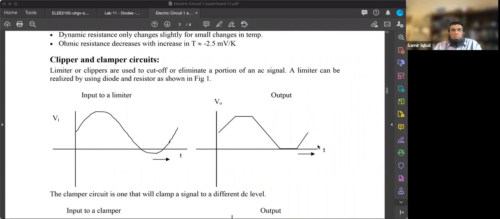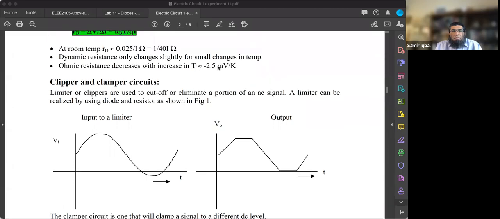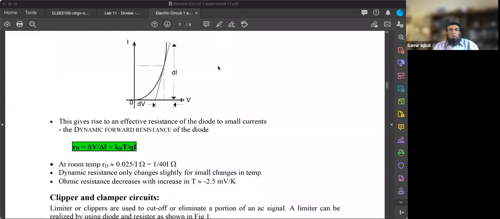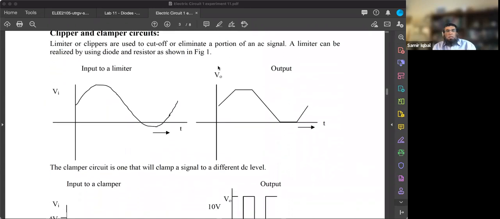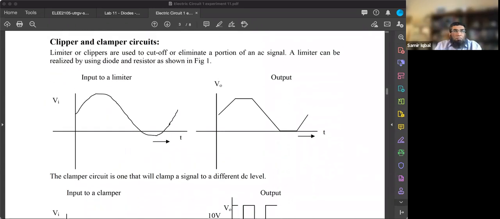That's one thing. Another usage of that idea is what we call a clipper circuit. A clipper circuit would mean that we would not let the current or the voltage that's applied go beyond a certain value. So that means if you apply an AC, which is riding on top of a DC, so there is a DC component to it, and then there is an AC that's running on top, we would clip it to not go beyond a certain voltage on both sides.